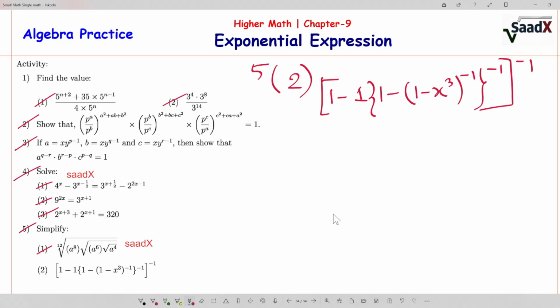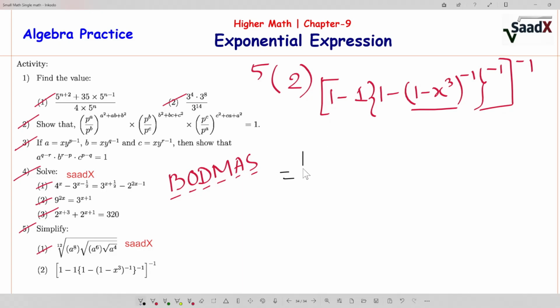First, we have to work based on the first bracket, as per BODMAS. What does it mean? Bracket, then of, meaning exponent, then division, multiplication, addition and subtraction. So one by one we should do it.